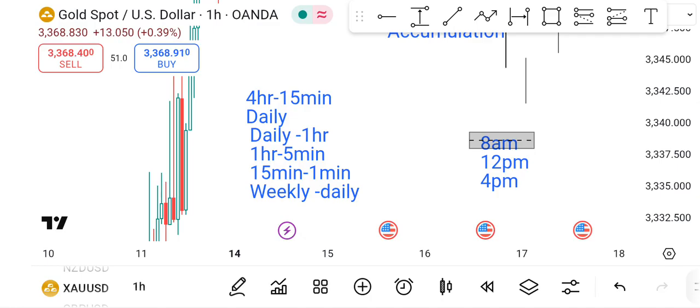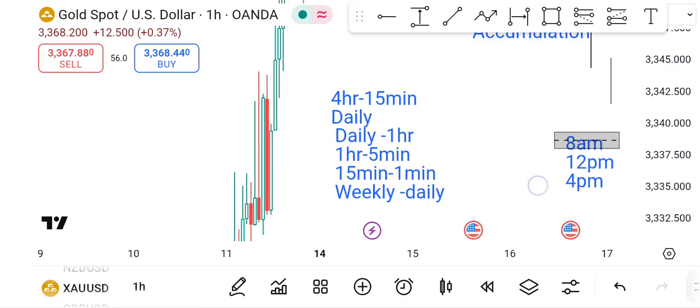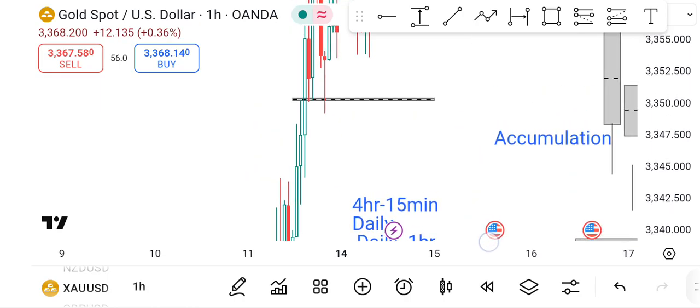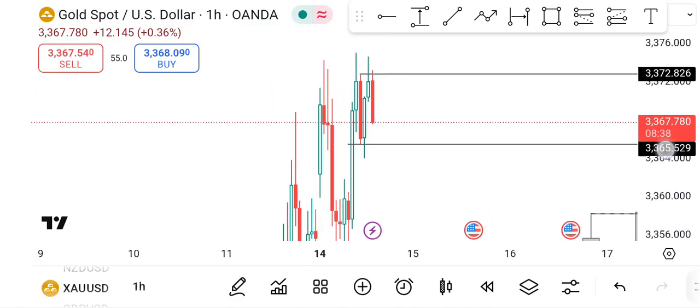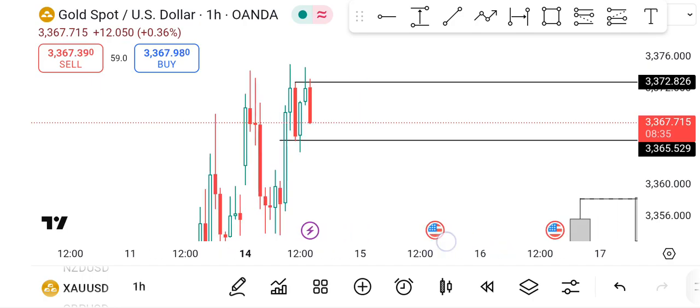On the 15 minutes time frame, you scale down to the 1 minute time frame for entries. And on the weekly time frame, you scale down to the daily time frame for entries. Hope I'm clear, guys. So without wasting time, let me just show you an example of a candle range theory.